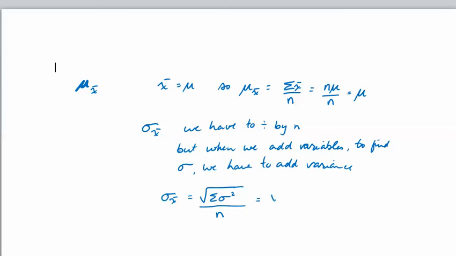So in this case, if they're all the same, we're going to have n of them, and then divide by n. If we put that into the brackets, we would have n sigma squared over n squared, and then of course one of those n's cancels out. We get the standard deviation of our population divided by the square root of our sample size. All right.